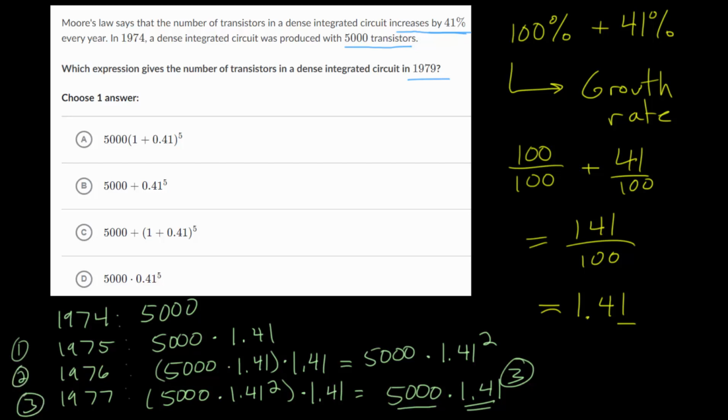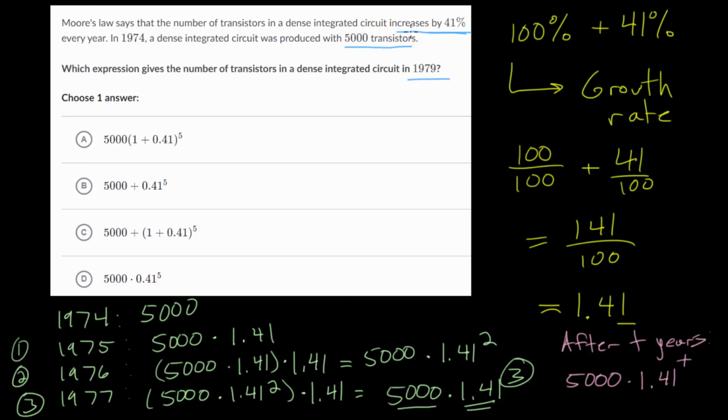So if we wanted to, we could generalize this and say that after, let's say, t years, the number of transistors we would have would be 5,000 multiplied by 1.41 to the t power. And we're looking at the expression that gives the number of transistors in 1979.